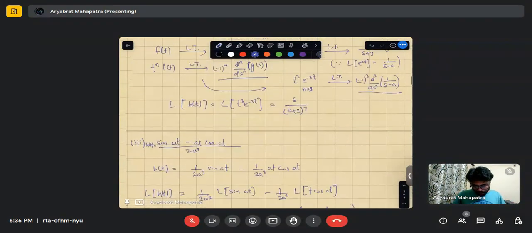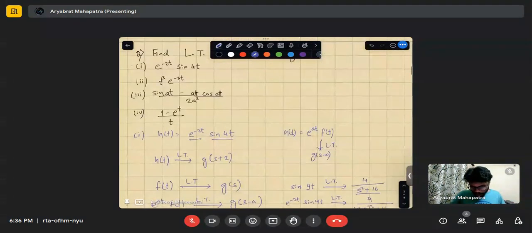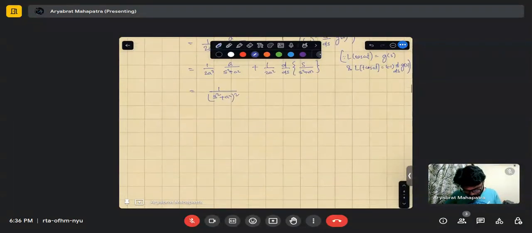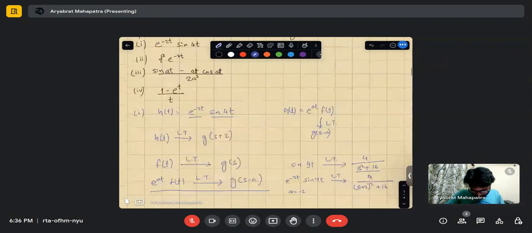Then just like that we can check one more case, that is, let's say your h of t is 1 minus exponential of t by t. Let me see if that is negative of t.